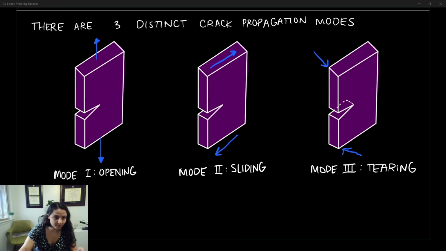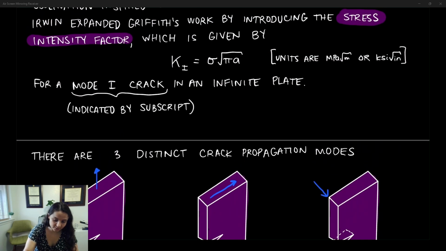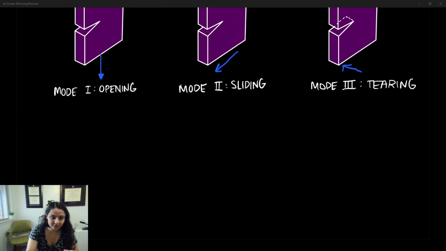So for a particular load and geometry configuration, we can modify this original equation that we had, where this equation is just good for the mode 1 crack in an infinite plate, so just a crack inside of an infinite plate. We can modify that, though, for many different geometries.